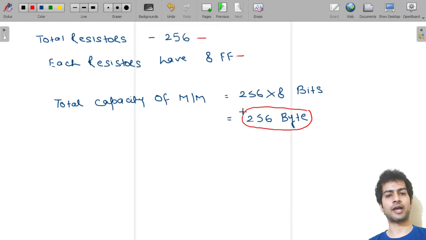First option is changing the number of registers. If we increase or decrease the number of registers, then the capacity of memory will change. And if we increase or decrease the number of flip-flops in each register, then also the capacity of memory will change.